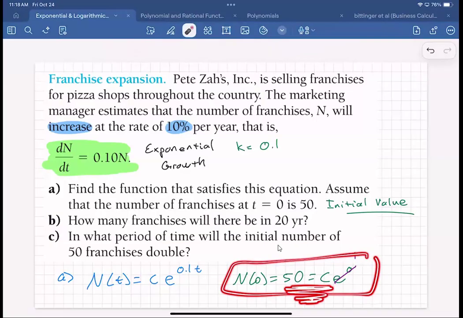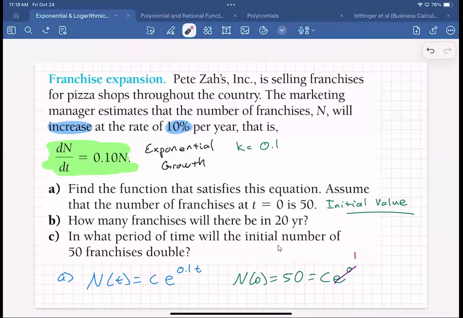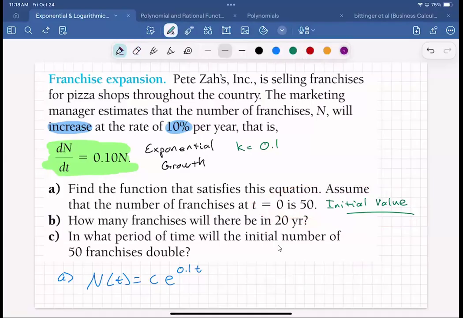So if C is equal to 50, that means this value here, as you probably remember from college algebra, that's usually going to be your initial amount for an exponential function. So if you want to, you could have just written it from the beginning, since this is my initial value, specifically t equal to 0, we could have just written our function out instead of going through this extra step to say, hey, this is 50 e to the 0.1t.